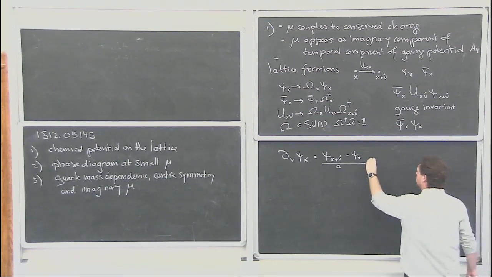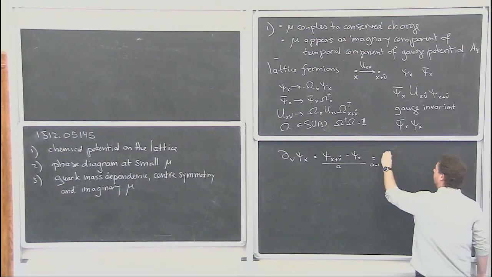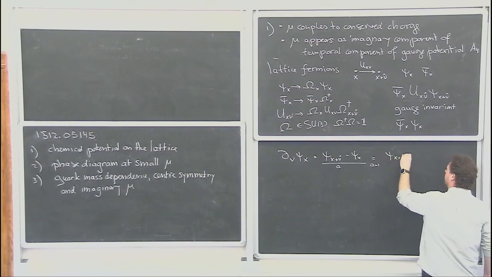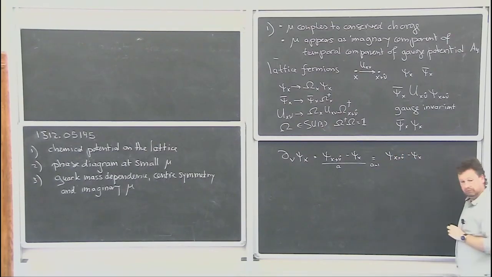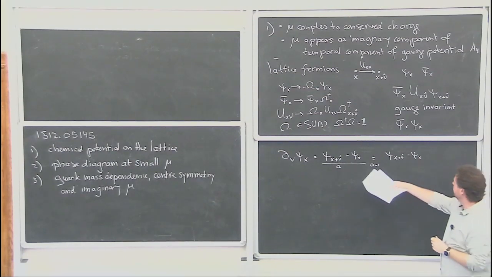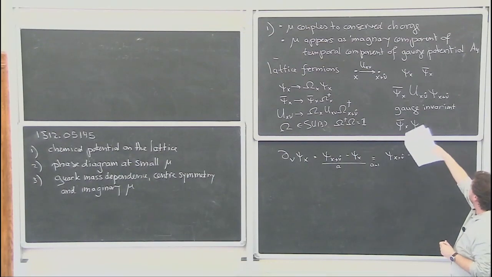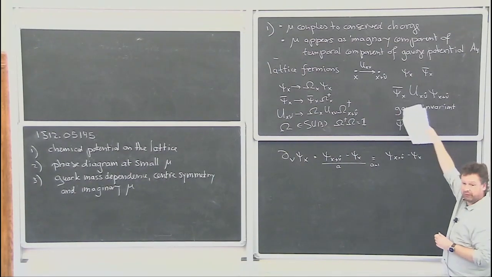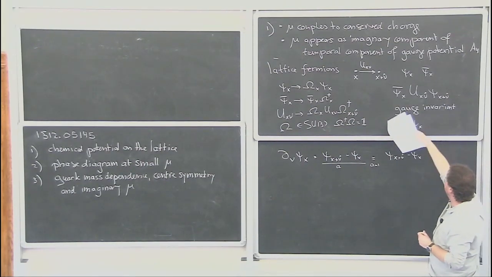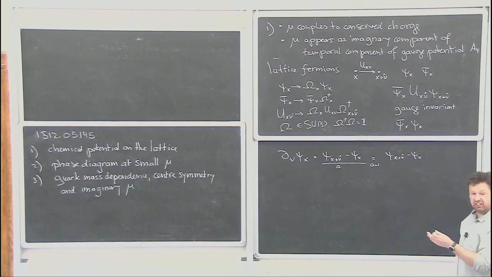And typically I will actually use the notation where the lattice spacing is put to 1, so I would just write it as a finite difference. So the kinetic term will consist of these differences, and therefore of fields at neighboring points with a gauge link in between to make it gauge invariant.